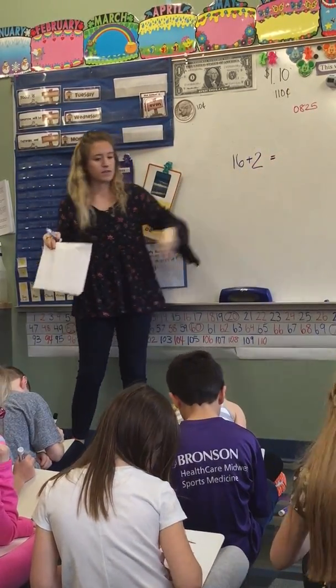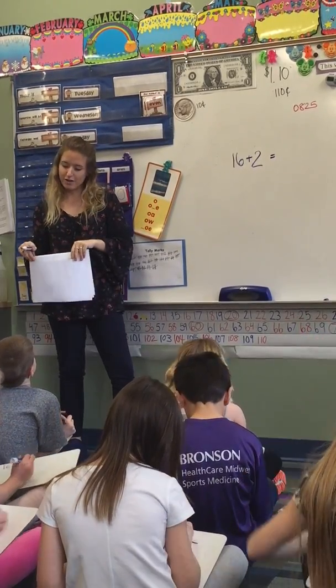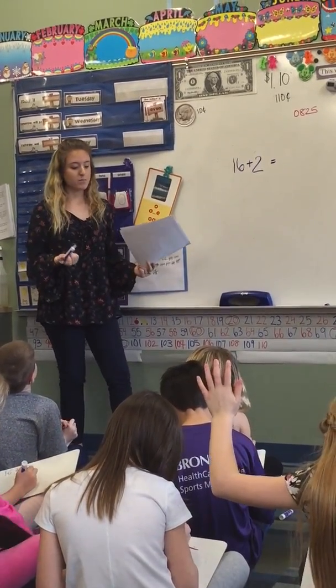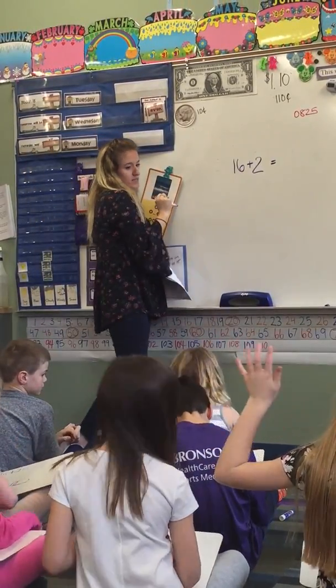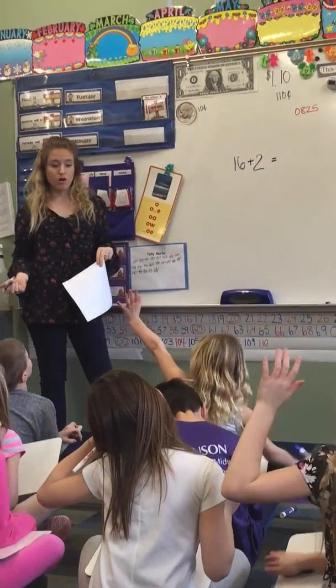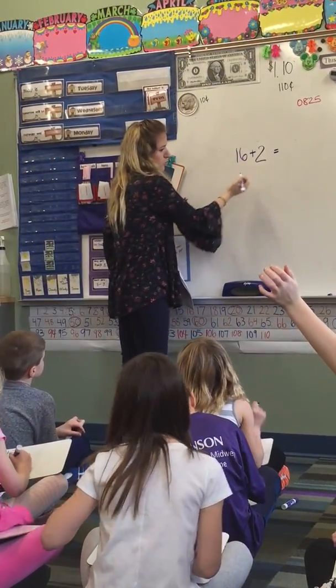I don't want you filling that in yet. Now, we're going to practice a little bit more what we did yesterday, which was number bonds. So I'm going to make this problem easier to solve by turning one of these numbers into a number bond.